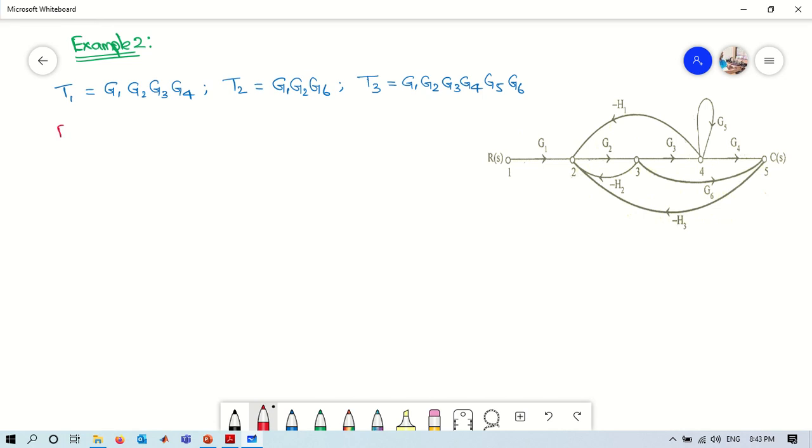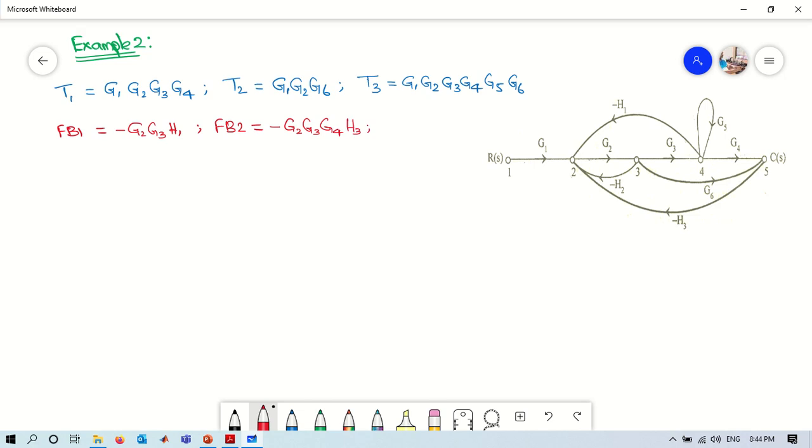Let us take feedback loop 1 with respect to G2, G3 and H1, so minus G2, G3 and H1, and feedback path 2 comprising G2, G3, G4, H3. So I have minus G2, G3, G4 and H3.